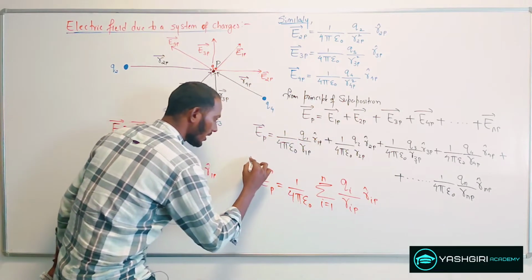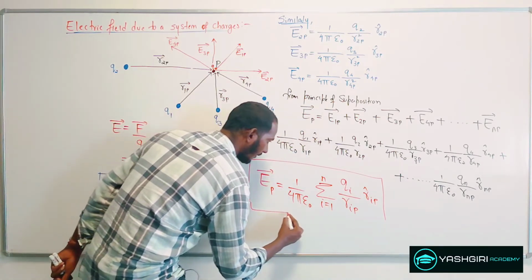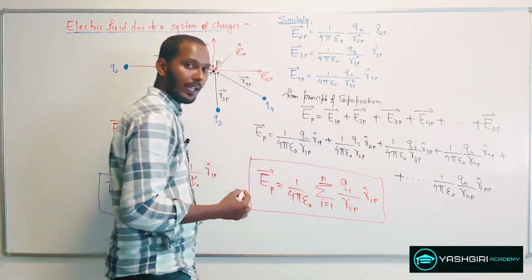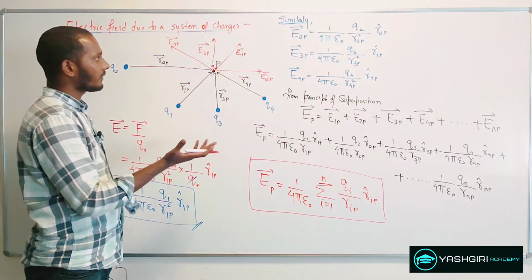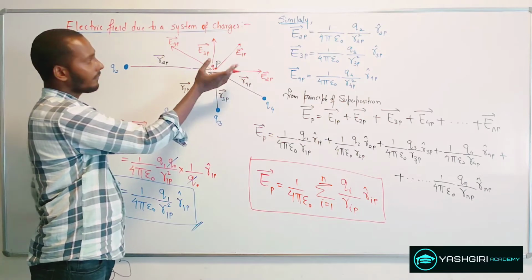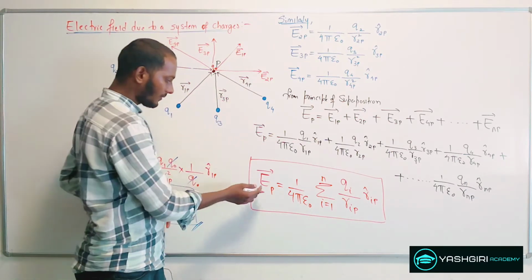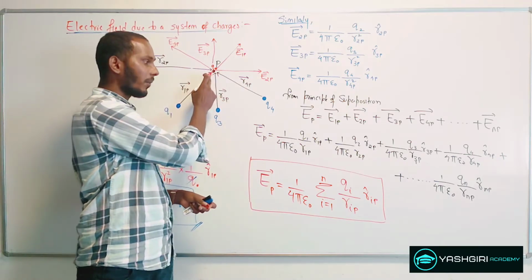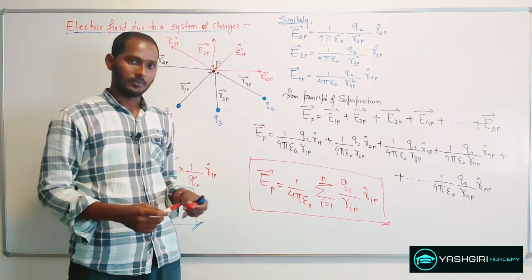So that's the more general way of writing the strength of the electric field for n charges in any system. And afterwards you can apply the law of parallelogram for these vectors, and then you can get the net electric field at any point P. So this is the important equation from this session.